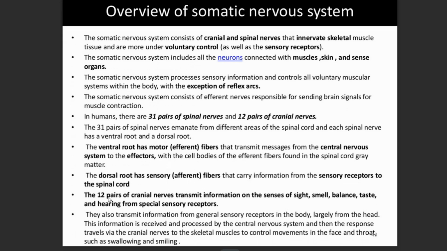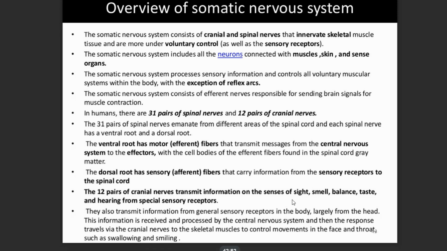The 12 pairs of cranial nerves transmit information like the sense of sight. You are seeing something, smelling something, balancing yourself, tasting something, and hearing, from the sensory receptors.